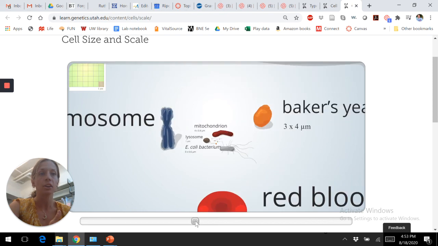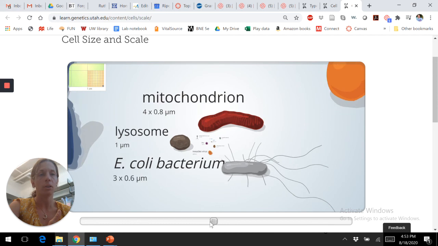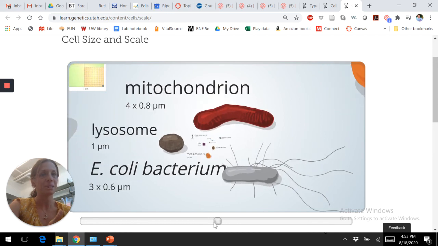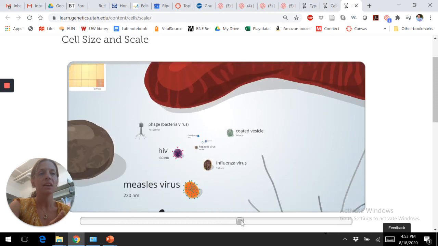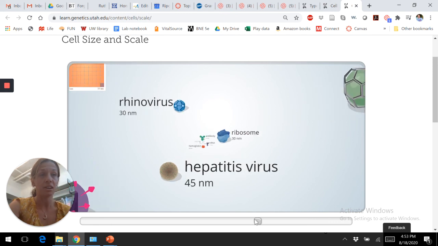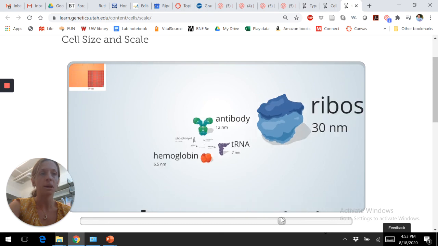As we get past here, these are things you can't see with a light microscope. So we won't be seeing anything smaller than this in our class. But here's a mitochondria. You can see it's about the same size as a bacteria, E. coli. And then we get into viruses. This is good for getting the idea of size and scale of things. We've got ribosomes. Hemoglobin now is a protein, right? Antibody is a protein.